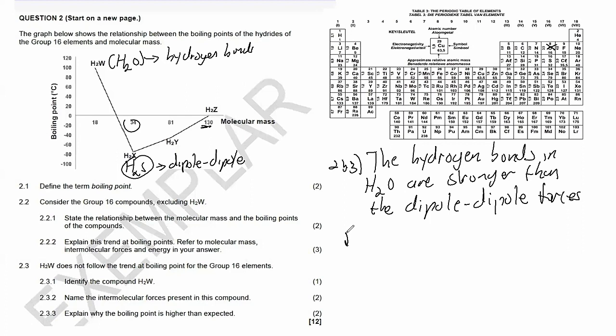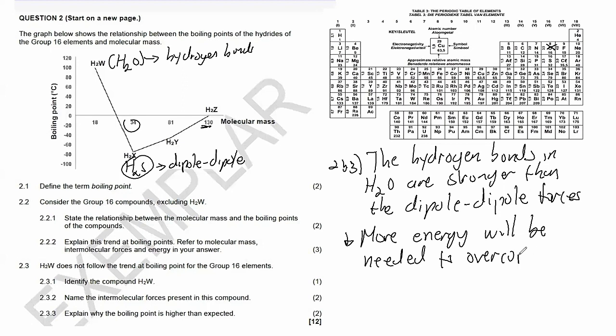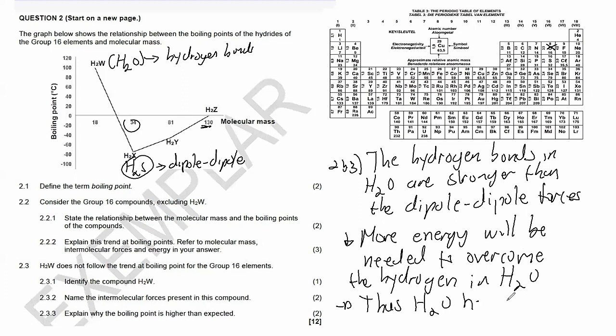Now, obviously, more energy will be needed to overcome the hydrogen bonds in H2O, right? So if more energy is needed to overcome the hydrogen bonds in H2O, this means H2O has a higher boiling point.